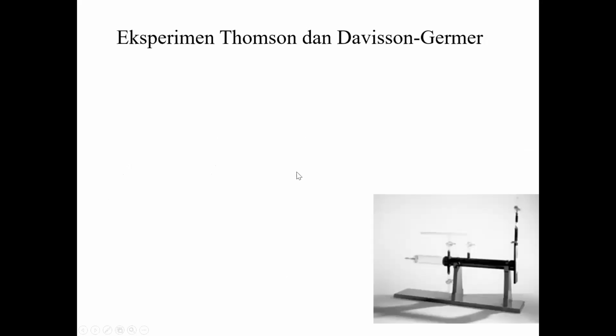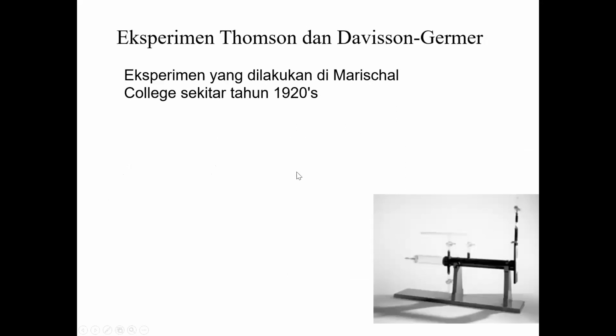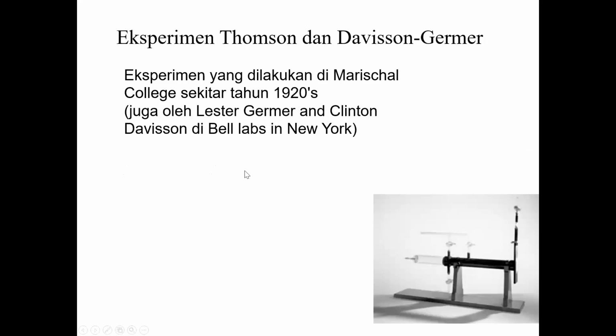But Thomson and Germer, Jefferson Germer, performed experiments separately. George Thomson did the experiment in Cambridge, and Jefferson Germer did the experiment at Bell Labs in New York, using 100 kilo electron volt electrons.